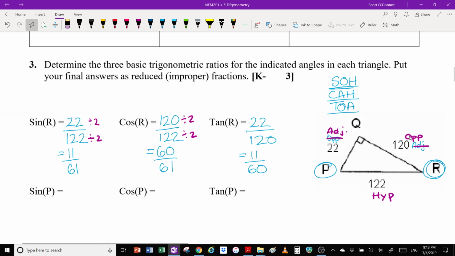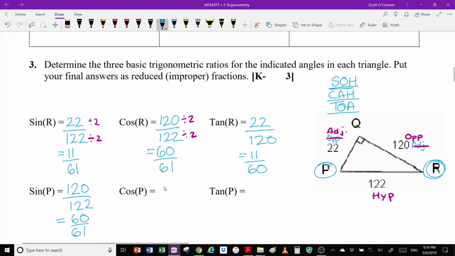So now when I do sin p, for sin, it's opposite over hypotenuse. So that's going to give me 120 over 122, which is going to give me 60 over 61. And now when I do cos p, that gives me adjacent over hypotenuse.